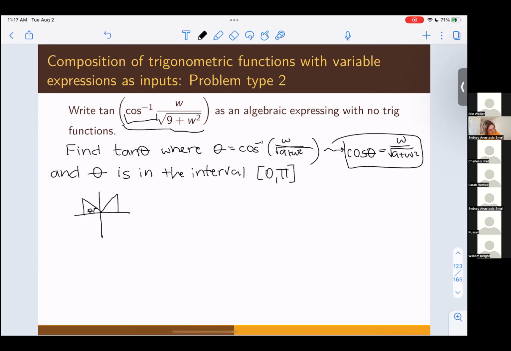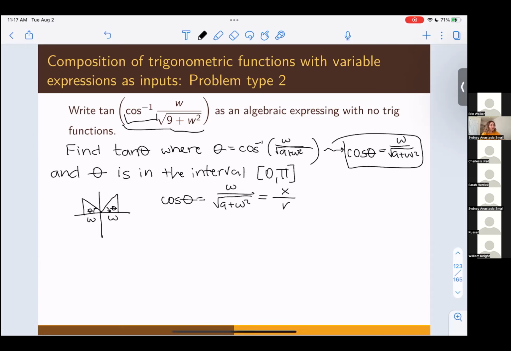Now what do we know? The cosine of theta is equal to w over the square root of 9 plus w squared, which, recall, is the x coordinate on the unit circle over the radius. So how should we draw that? Our x coordinate is w. It doesn't matter which direction we're going in, it's always w.